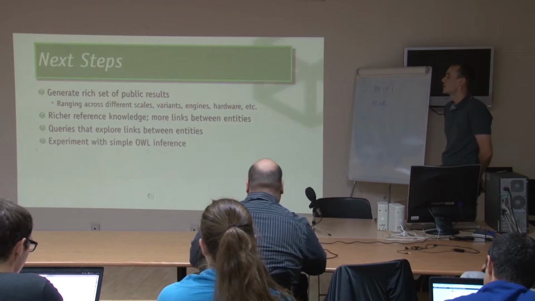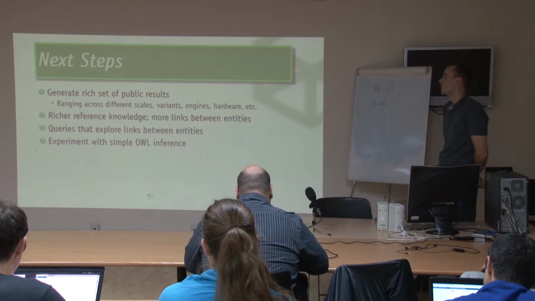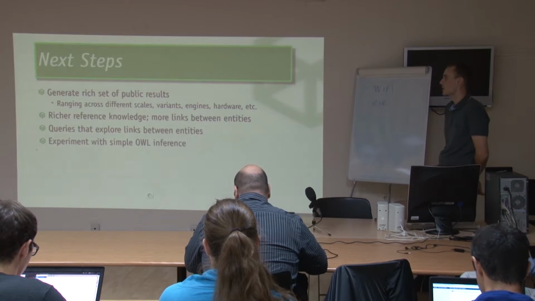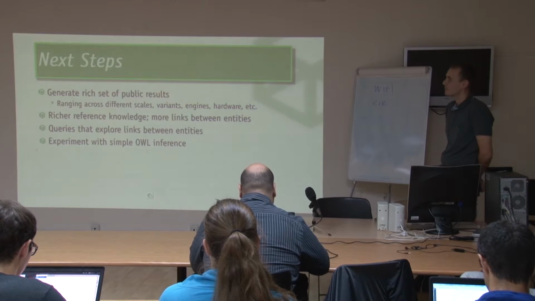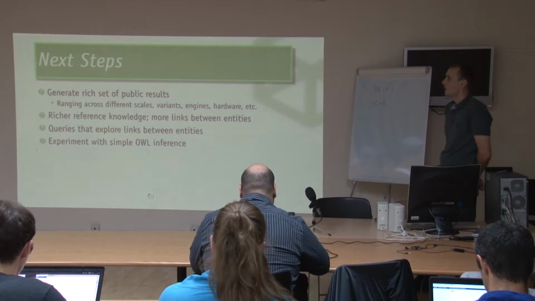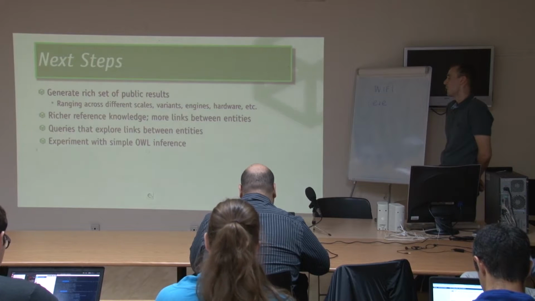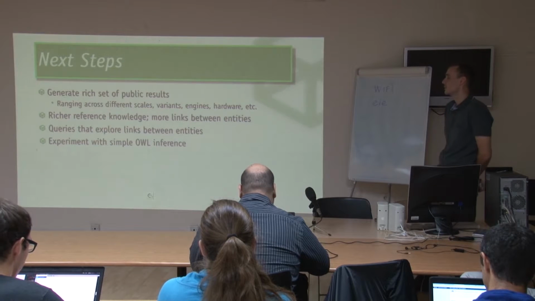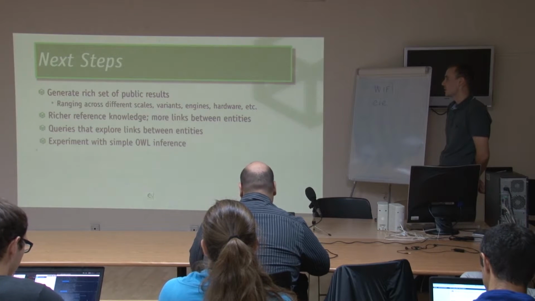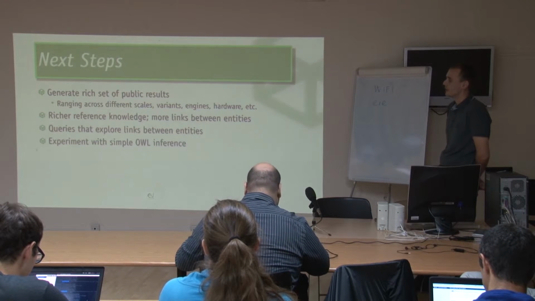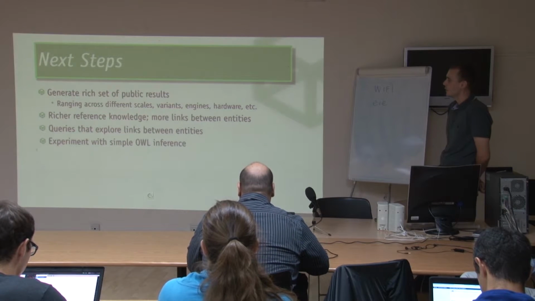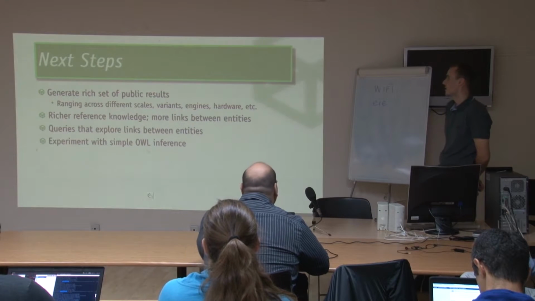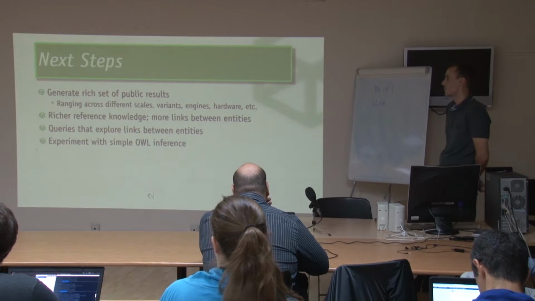So we want to generate a rich set of public results. We are going to play with different scales, variants, and different settings of parameters, so that we will have a rich database of results with the semantic publishing benchmark. We want to add richer reference knowledge, which will make things a little more interesting by adding links between entities. That way we can utilize a little further the inference capabilities of the inference engines that the RDF stores provide.